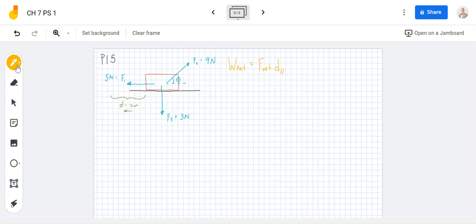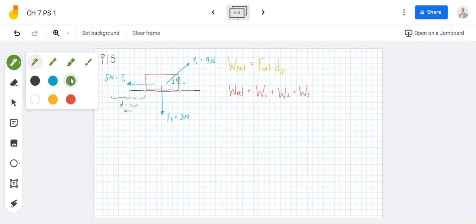The other way, which I think is a little bit more instructive here, is to take the work done by force 1, add it to the work done by force 2, add it to the work done by force 3. We're going to do it this way.